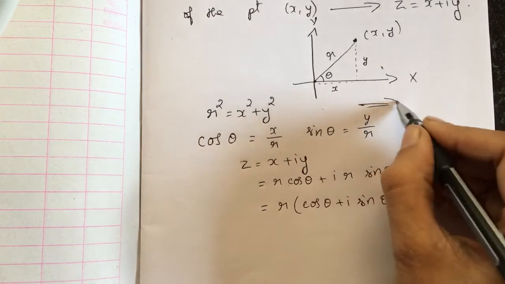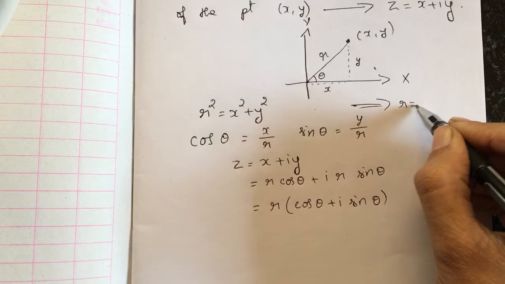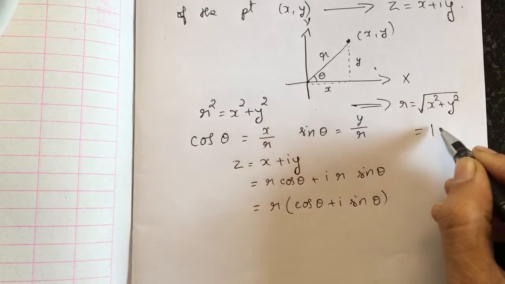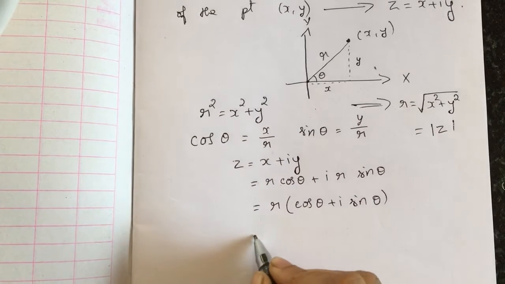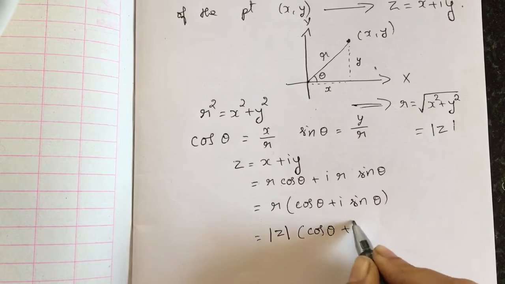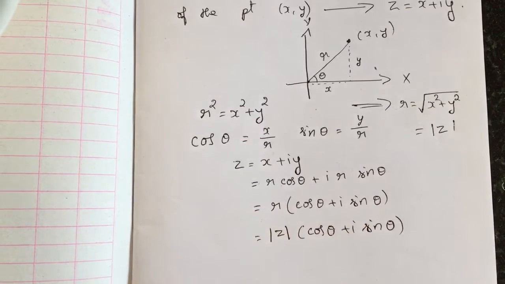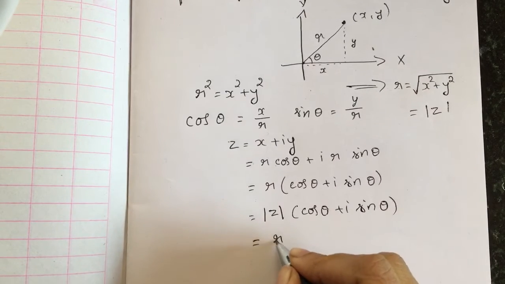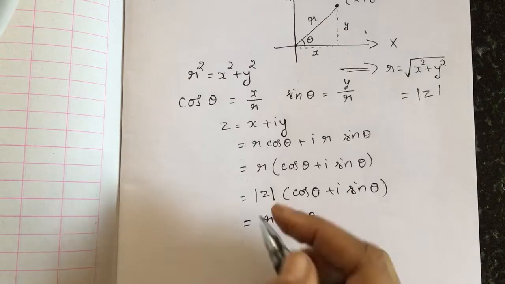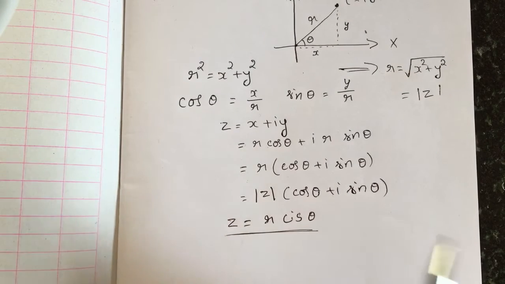Here r is nothing but root of x square plus y square, in fact the modulus of z. So this is the same as writing mod z into cos theta plus i sin theta, or simply r cis theta. This r into cos theta plus i sin theta is the polar form of a non-zero complex number z.